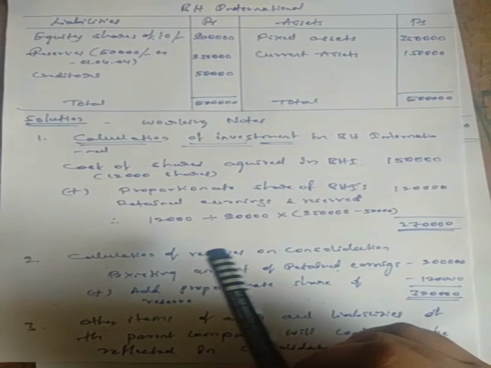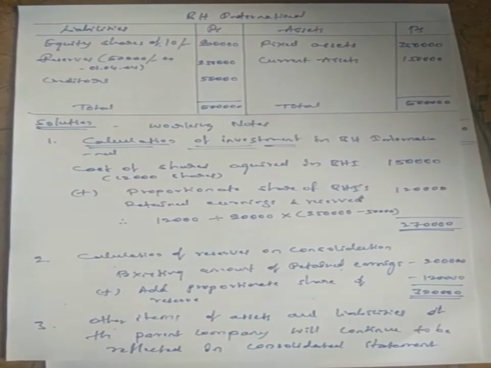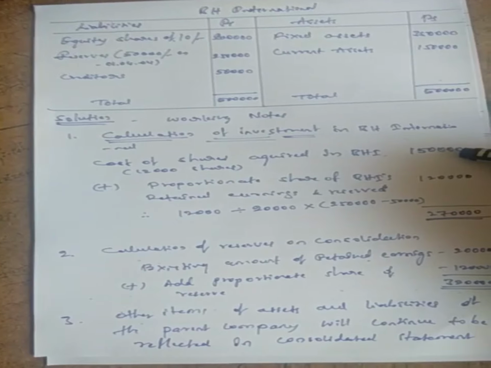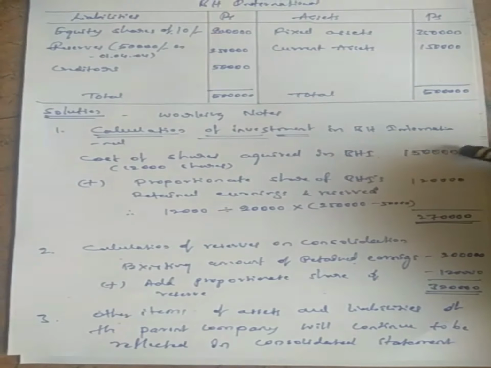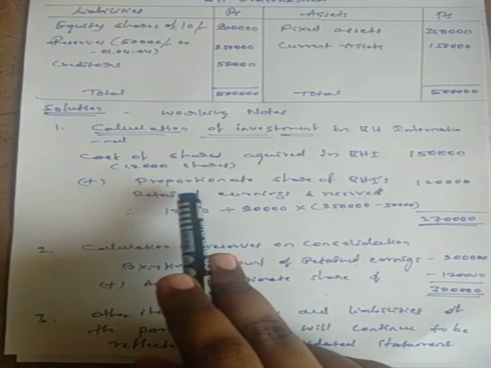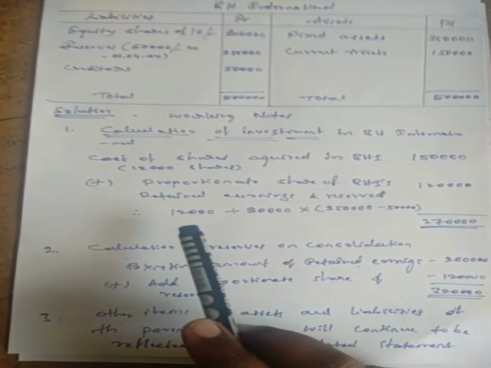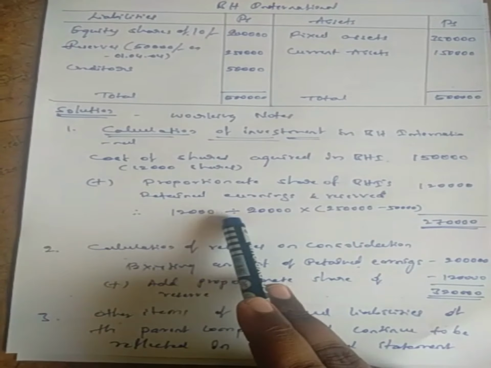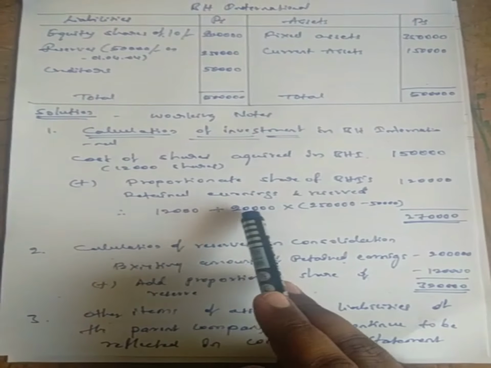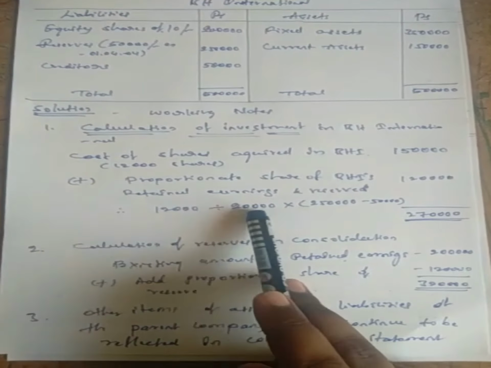You can observe this in the balance sheet of India Inc. Limited: the investment in BH International Limited is 12,000 shares, amounting to 1 lakh 50,000, and add the proportionate share of BH International's retained earnings and reserves.